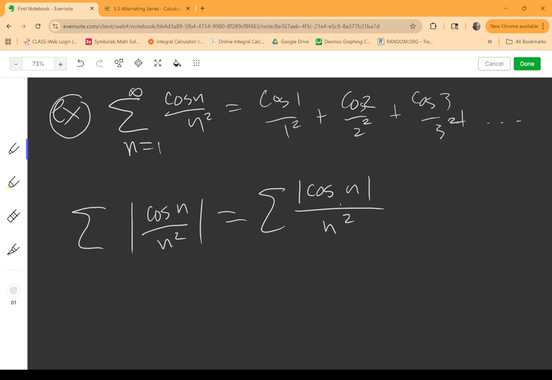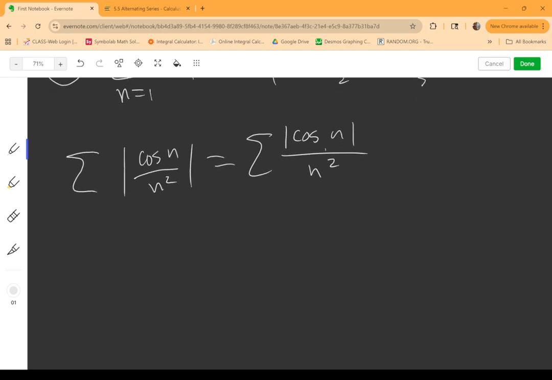Okay, so to determine whether this one is convergent or not, I'm going to use a comparison test. One thing to recall about the cosine function is that its range is bounded by 1 and -1. So when I take the absolute value, the cosine is bounded below by 0 and above by 1.